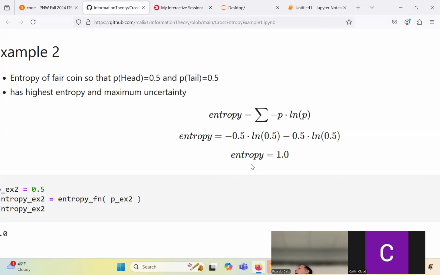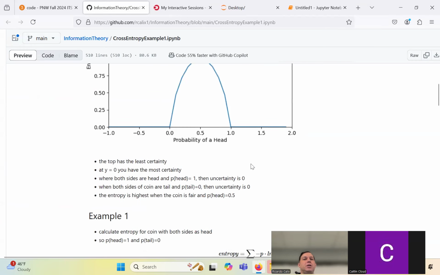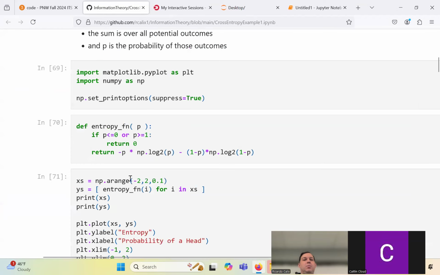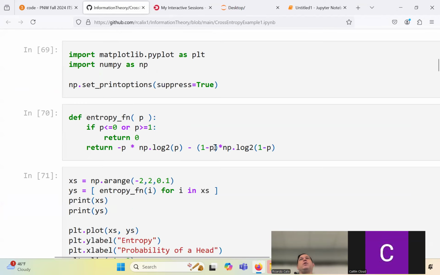And so this gives you a high entropy instead, right? So if you think over here in the function, it's going to be 0.5, 0.5, 1 minus 0.5, 0.5. Okay, so this is just entropy as it's defined.